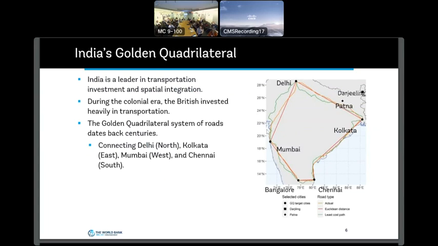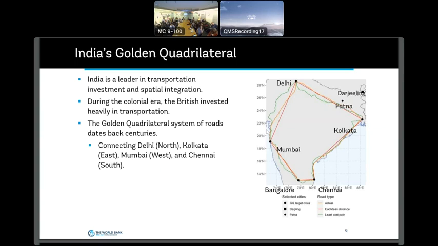And during the colonial era, the British also invested heavily in transportation. Some of the roads that make up the Golden Quadrilateral date back centuries, and today they're a highway network connecting Delhi, Patna, Chennai, Mumbai, with a slight kink to reach Bangalore.